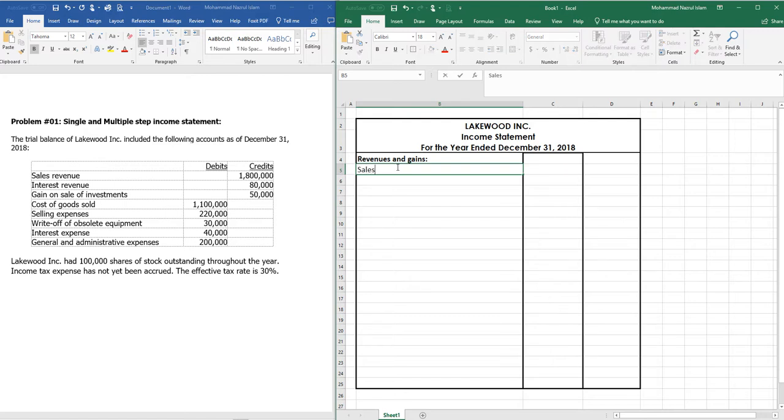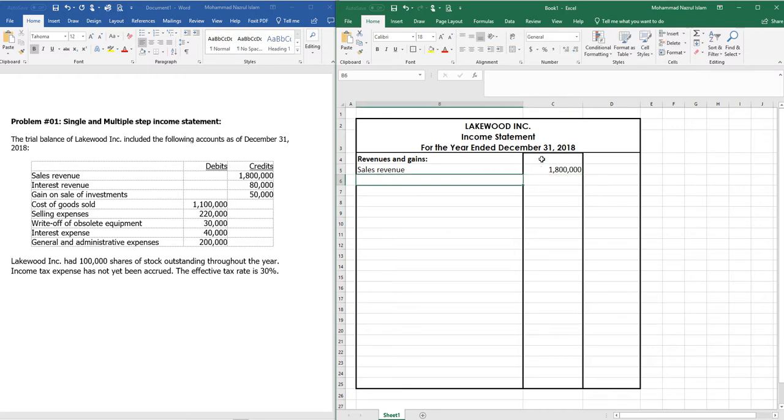We have sales revenue, which is 1,800,000.